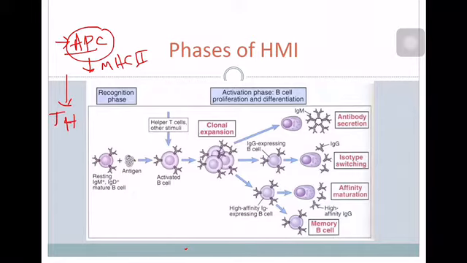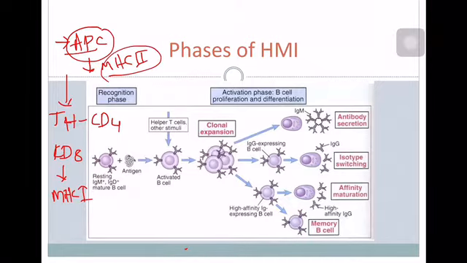The antigen has to be presented complexed with MHC2 for recognition by the TH cells, whereas for CD8 cells the antigen has to be presented along with MHC1. MHC1 is present in all the cells, but MHC2 is present only on the antigen presenting cells.